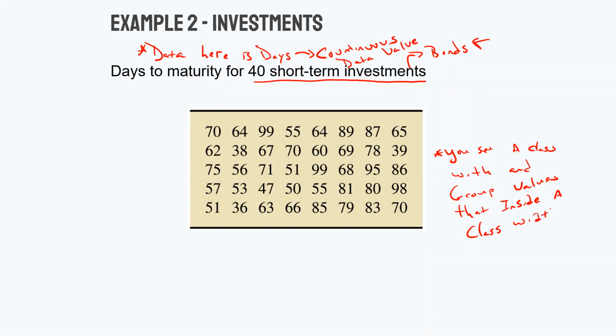And when I say class width, what I'm really talking about here is a class range. And that'll make more sense when I show you the definition. But another way to think about this is you want to group like numbers together.